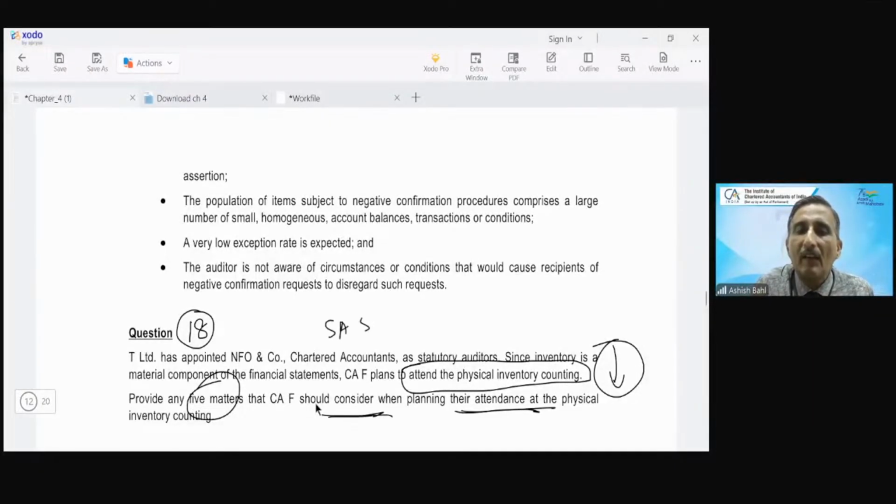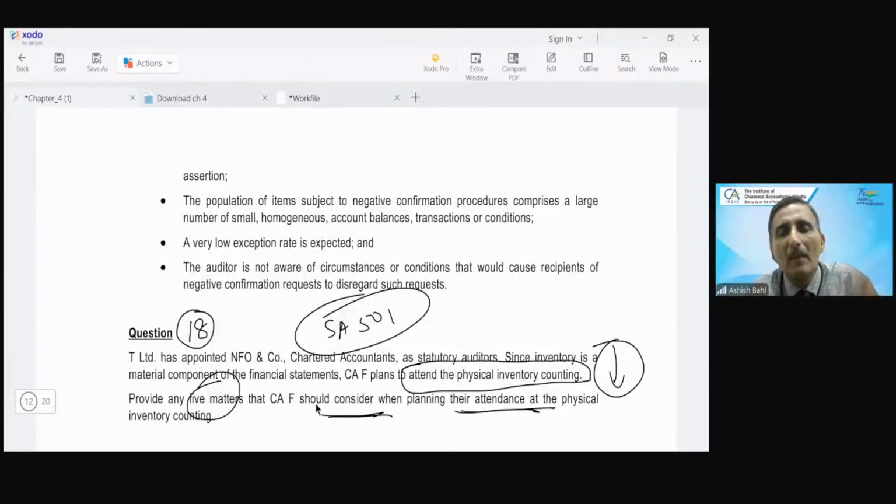So again, SA 501. Now tell me from your common sense: you have decided that under standards on auditing you are required to attend physical inventory count, and you would attend it, say on 29th March, 30th March, and 31st March.